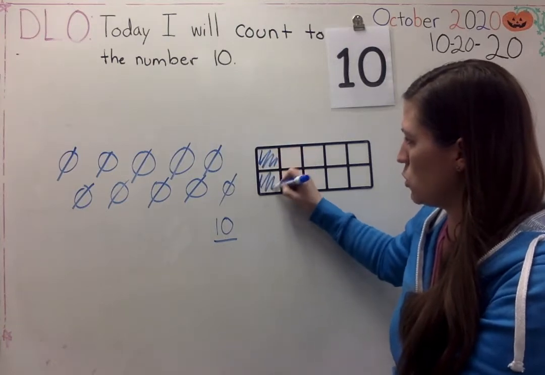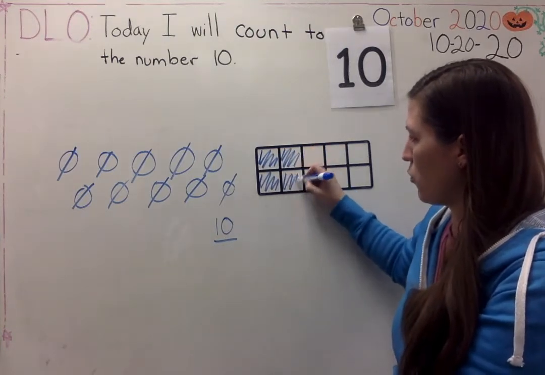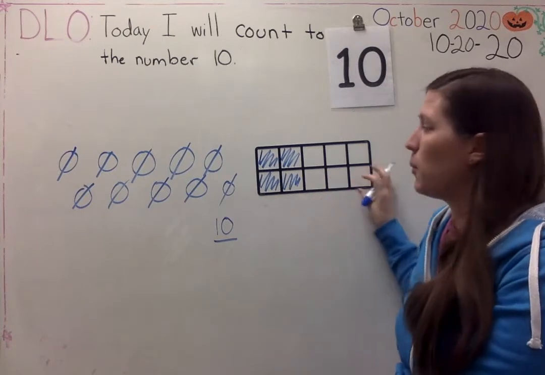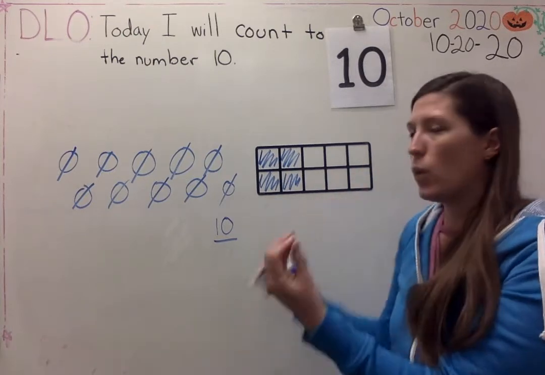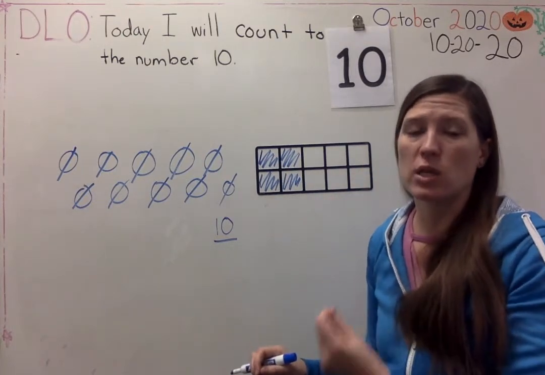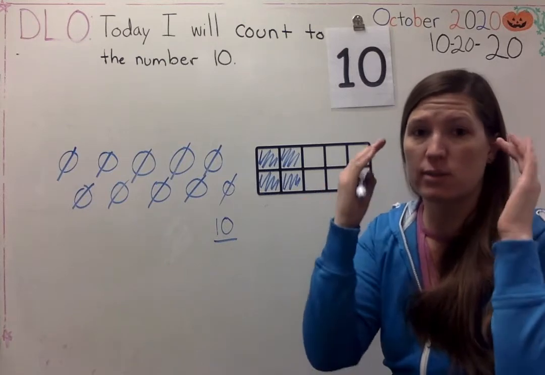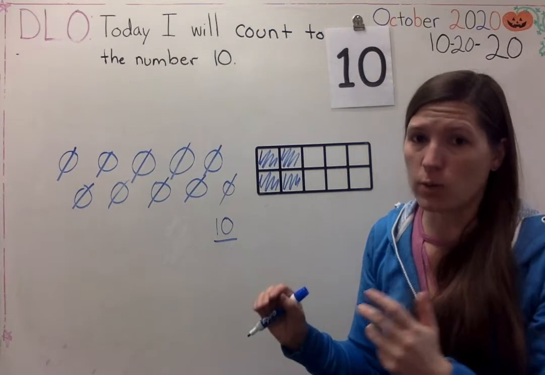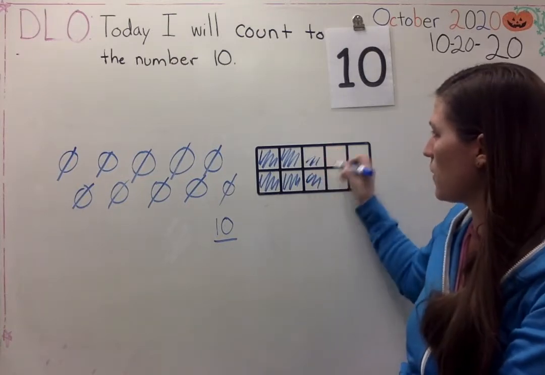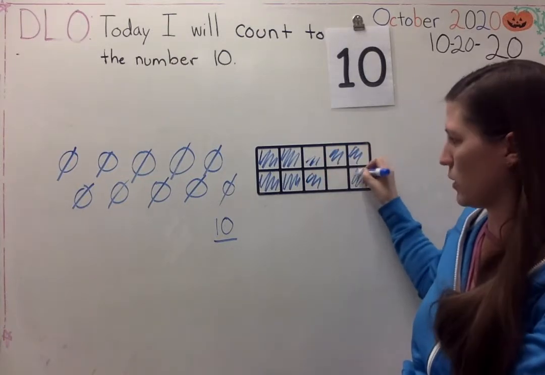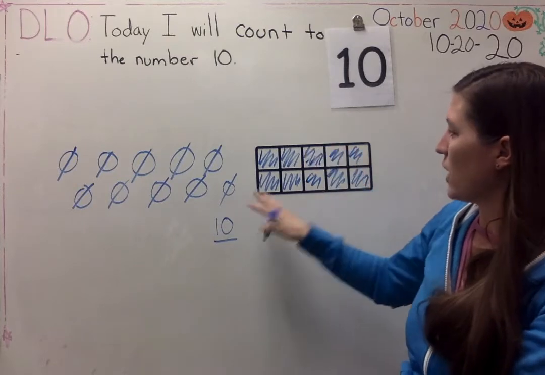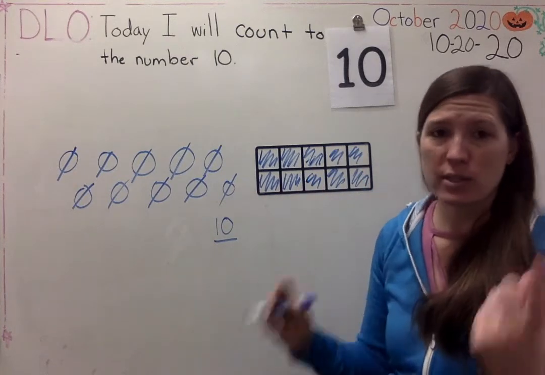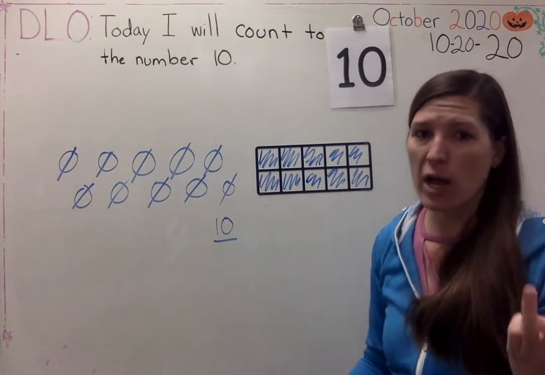1, 2, 3, 4. Don't go up and down, because when we look at items that we're counting, we use our sense of sight to count objects that we don't even need to count. So if I were to just see this frame here, now I got distracted. When I see this 10 frame, I already know it's a 10 frame and I know it's filled in, so I know it's 10.